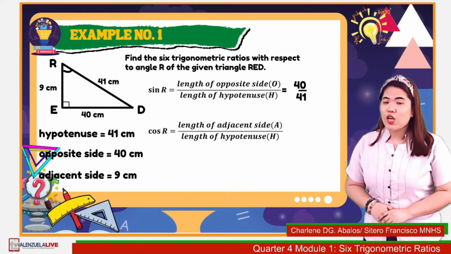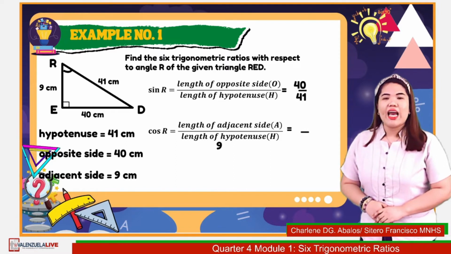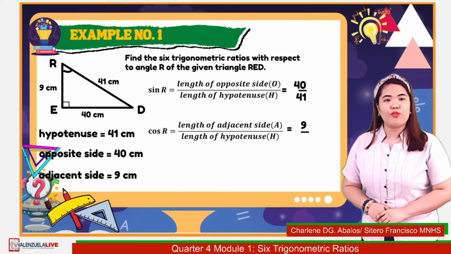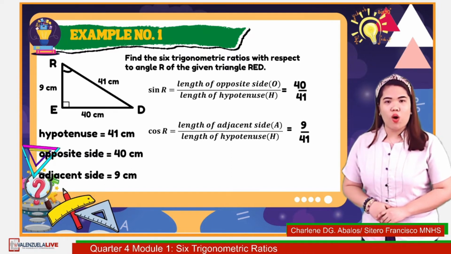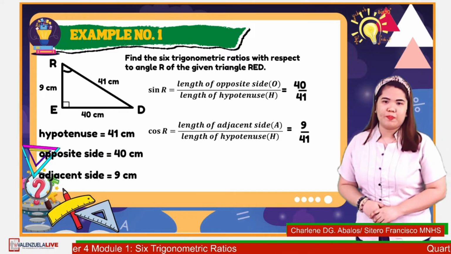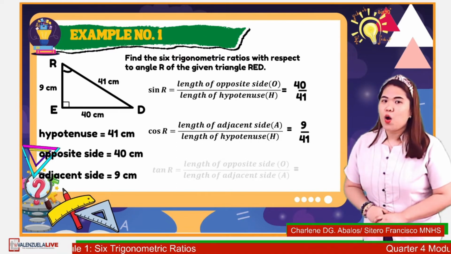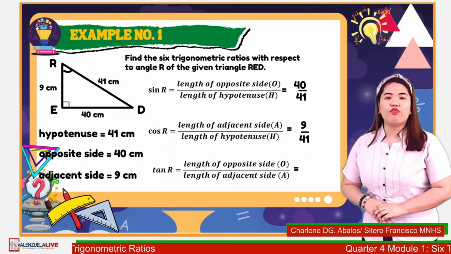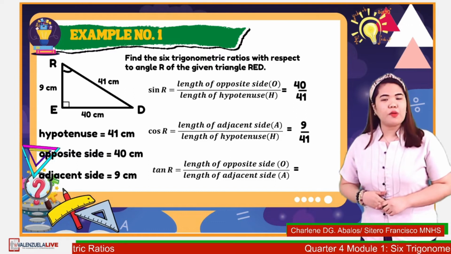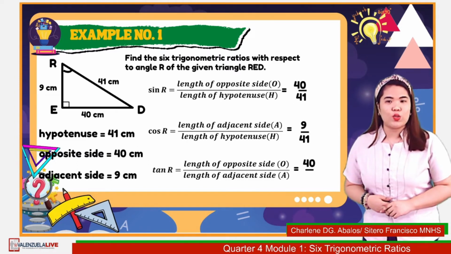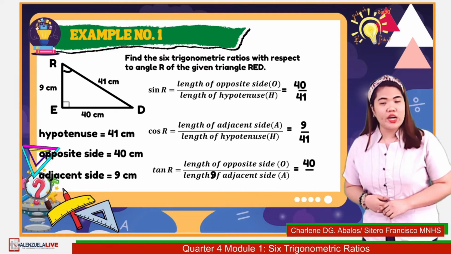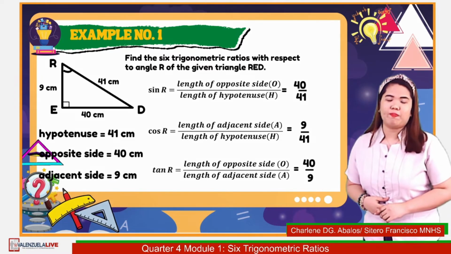Adjacent side is equal to 9 and hypotenuse is equal to 41. We have the ratio 9 over 41 for cosine R. Tangent R, we have the opposite side over the adjacent side. Opposite side is equal to 40 and adjacent side is equal to 9. We have 40 over 9.